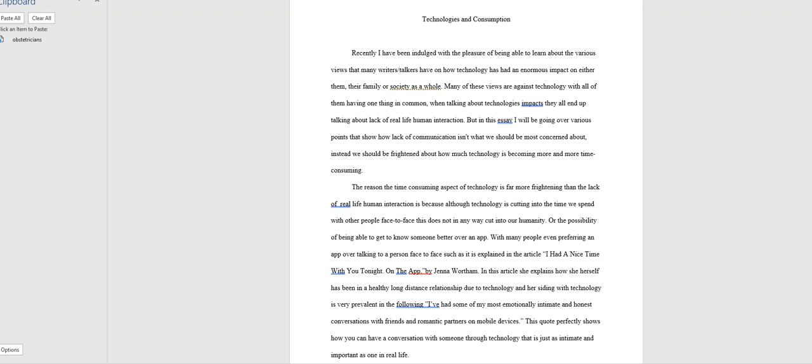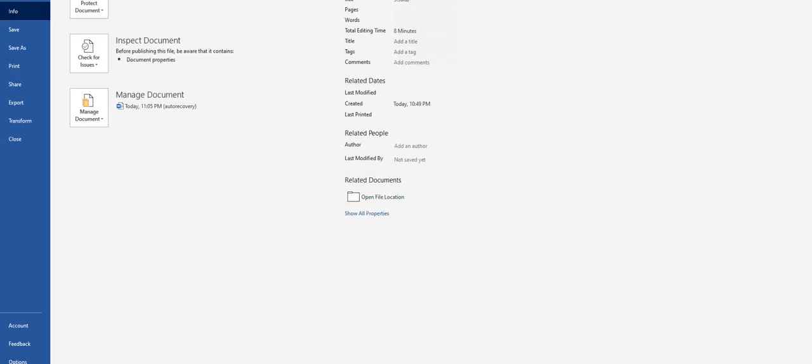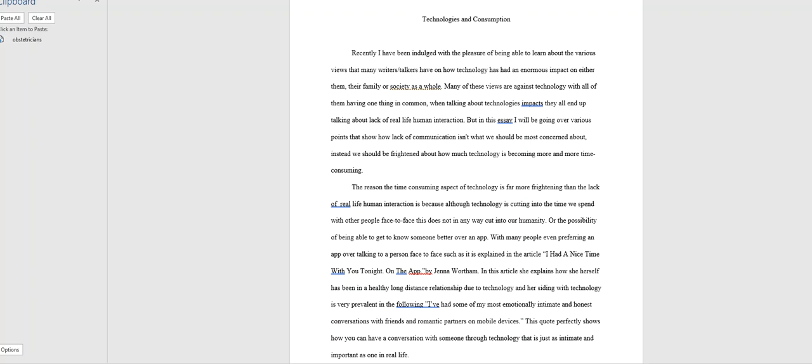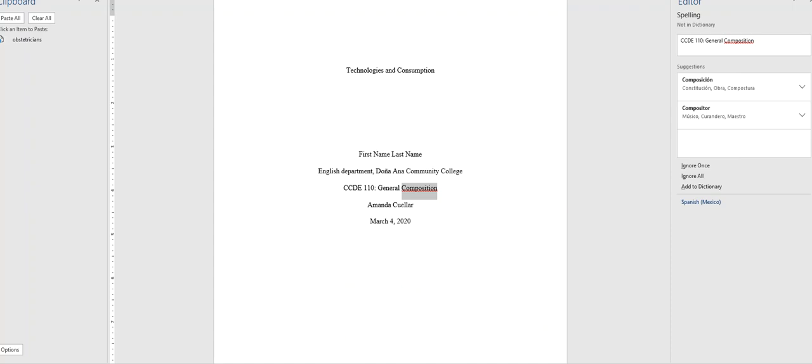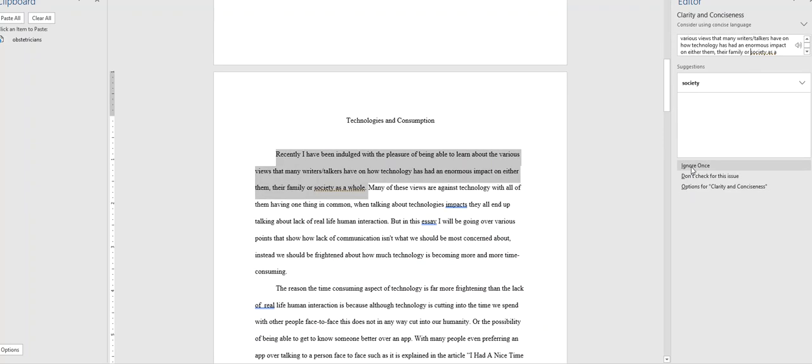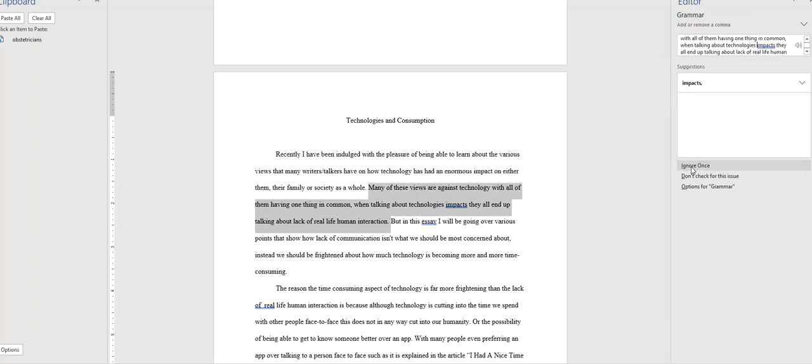So if I were to go up to File and do, not File, if I were to go to Review, and I do the spelling and grammar, I should see how Word is showing me the suggestions for the grammar mistakes.